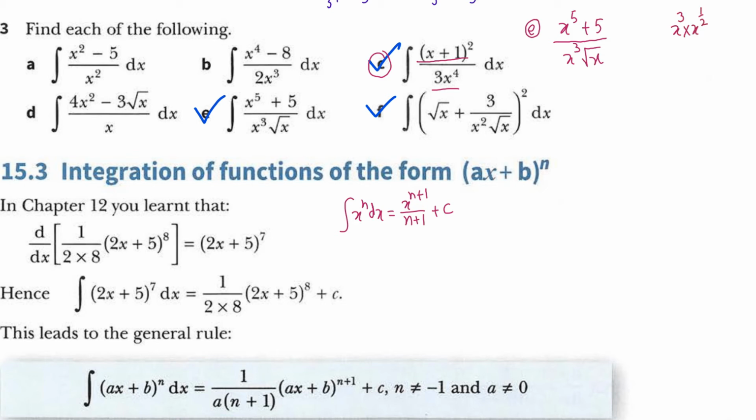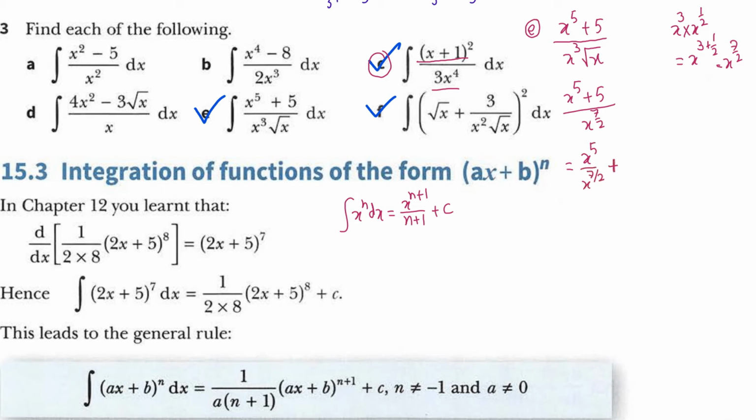If we apply the indices, then it will be 3 plus half, and it gives us x to the power 7 by 2. So we need to write the denominator as x to the power 5 plus 5 divided by x to the power 7 by 2. Now we need to write the individual term x to the power 7 by 2.